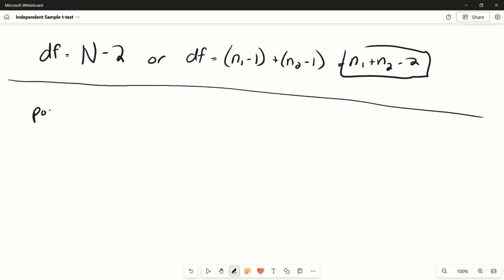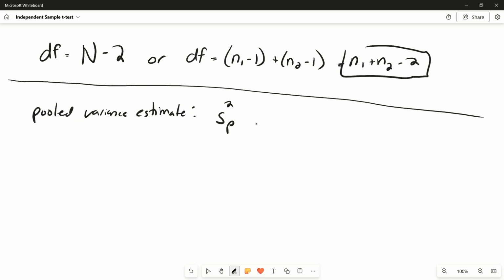So we're going to use something called the pooled variance estimate. The pooled variance estimate takes both of your sample variances, the sample variance for group 1 and the sample variance for group 2, and combines them. It's written as S squared sub P. Sub P means pooled.